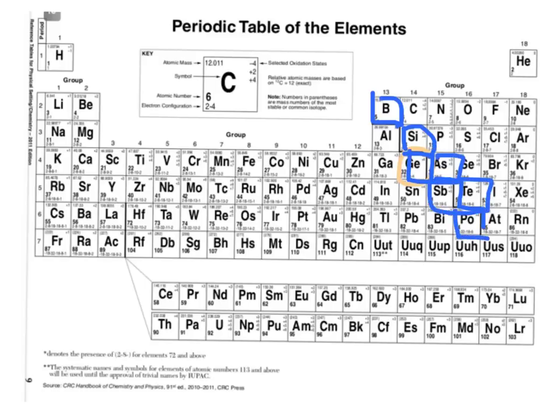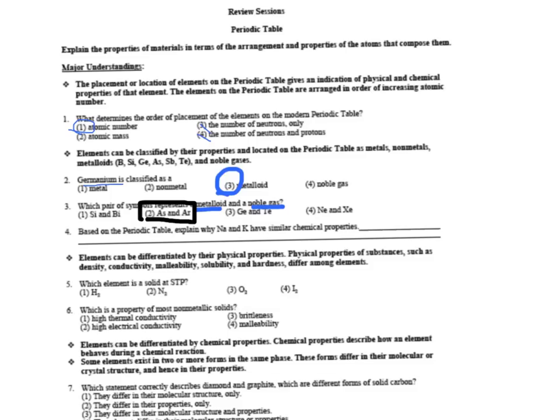And our noble gases are going to be the elements found in group 18. So these are the noble gases. So we're looking for elements that fall in these two categories. So argon and arsenic are both a metalloid and a noble gas.